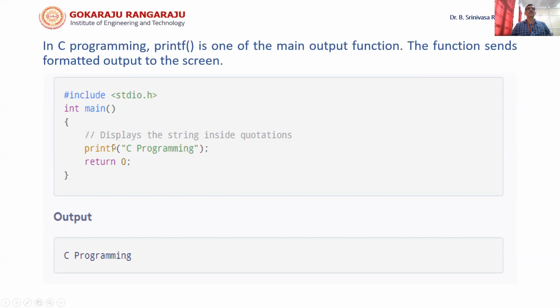Now when this printf statement is executed, exactly what is in the double quotes, C programming, will be displayed on the screen. So printf is an output function which prints the string as it is, which is in the double quotes, onto the display unit.